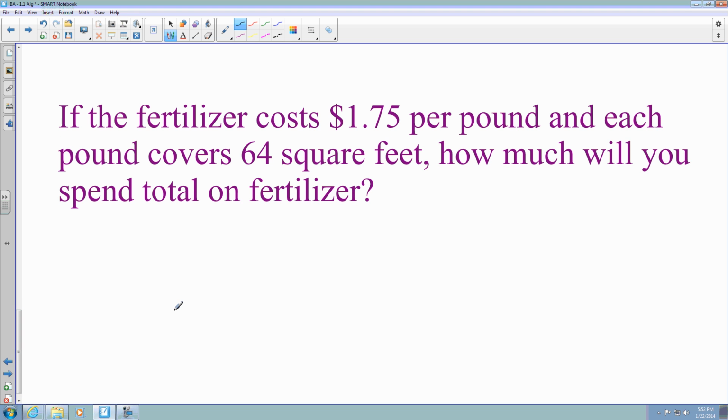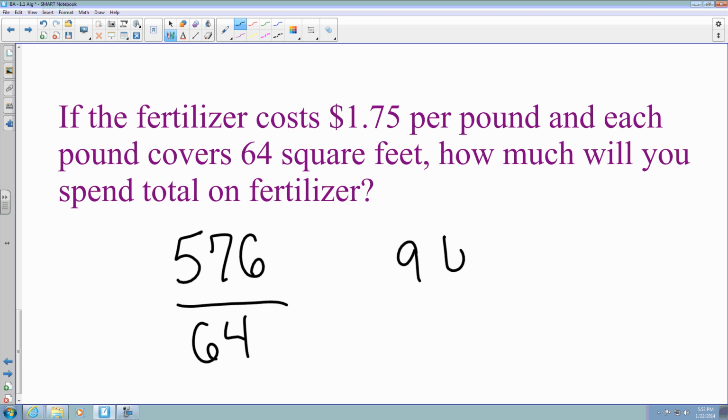So we have to ask ourselves this. We have to take the 576 square feet, which is the total square footage of our garden, and I'm going to divide it by 64, because 64 is one bag. That's how much it covers. So if I take 576 and divide it by 64, I get 9. So that means I'm going to need 9 bags.